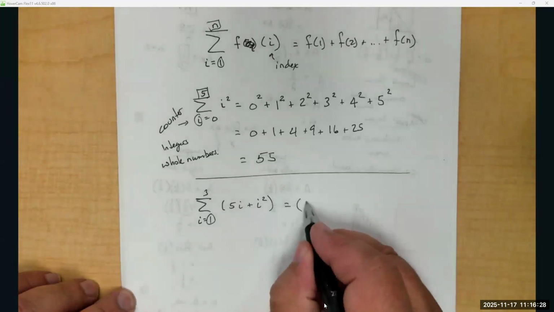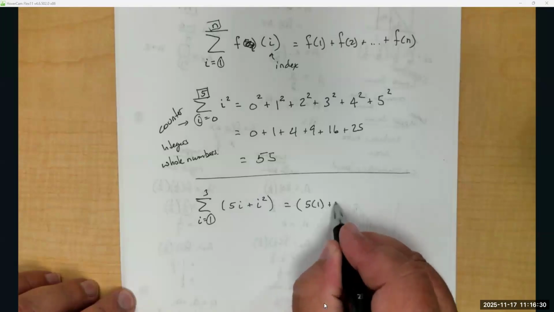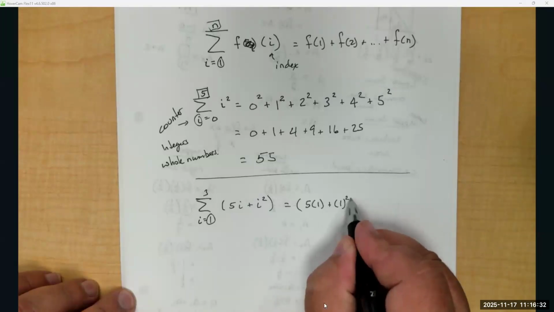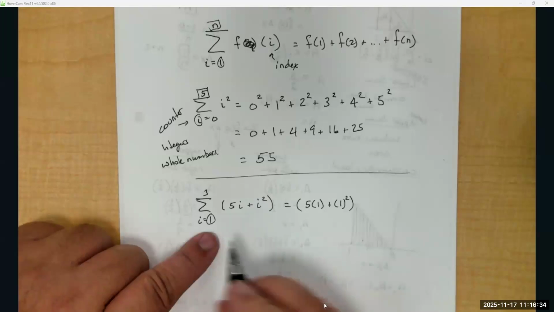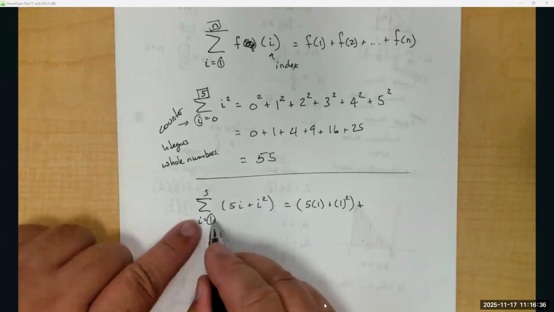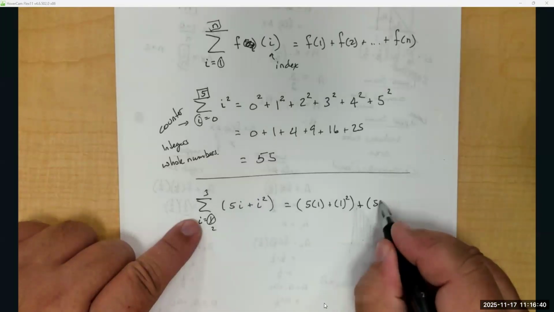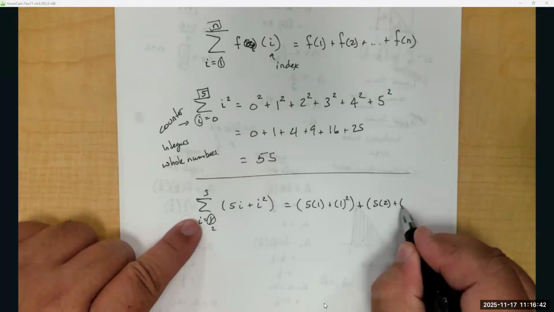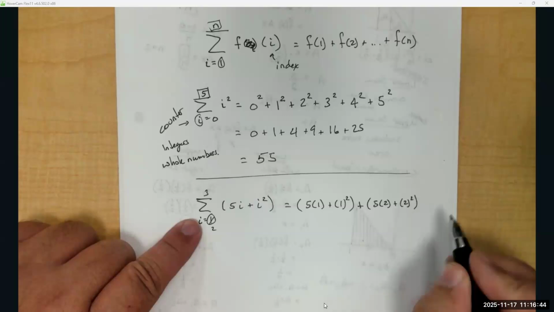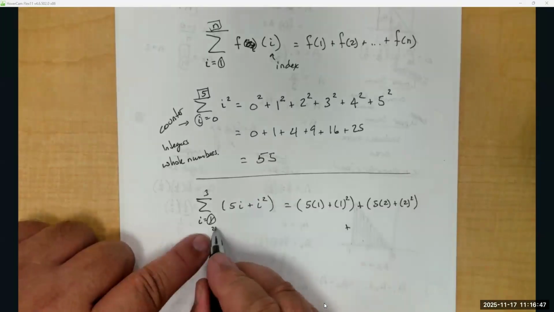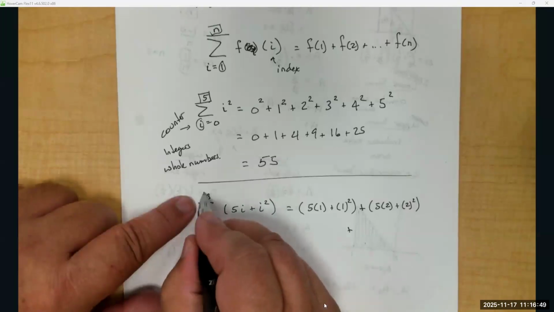So anywhere I see an I, I put a 1 in its place. Then I add the next index. After that is 2, so anywhere I see an I I put a 2. Then the next one is 3, and that's also where it stops.